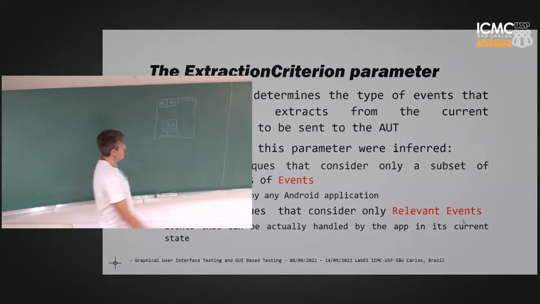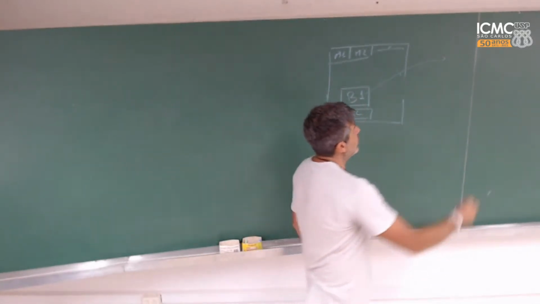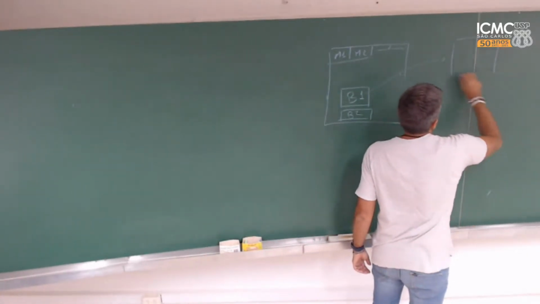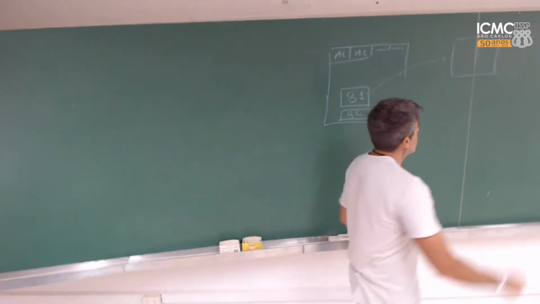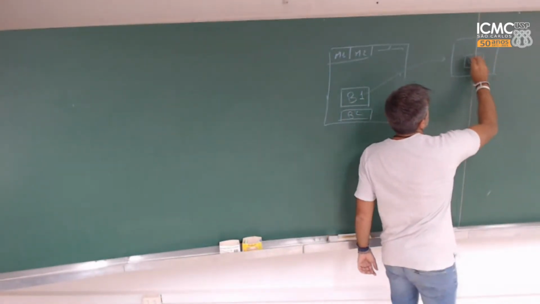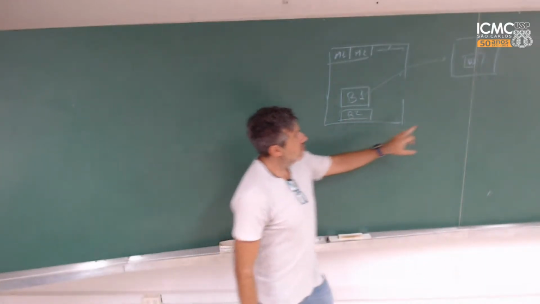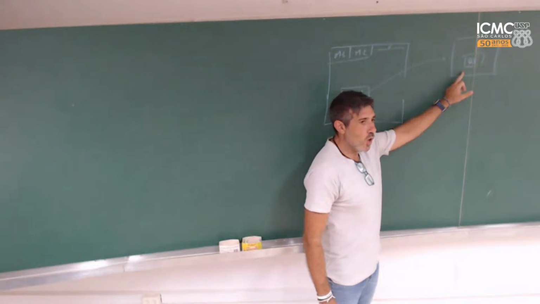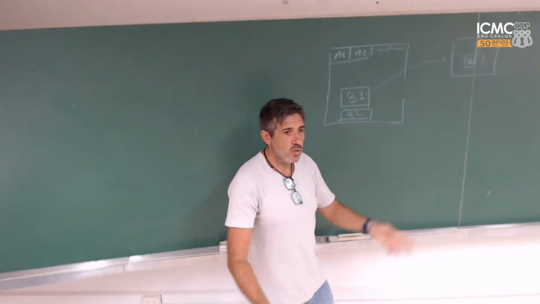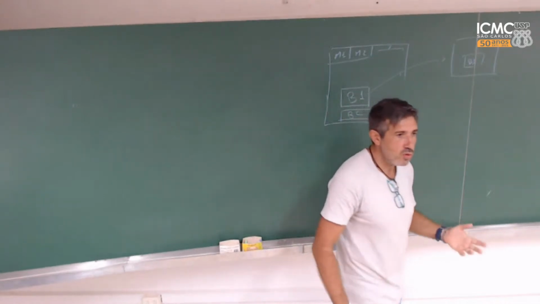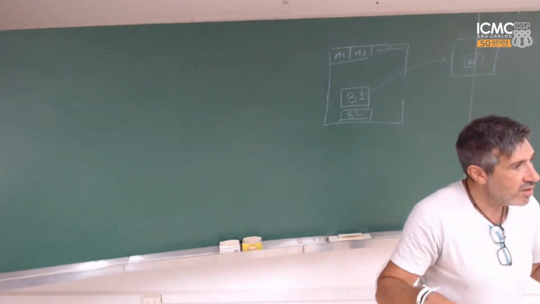Imagine that I click on B1, and I have a change of the state. Imagine this situation, and I have here button B3. Imagine that the rendering of the GUI and the execution of some code are performed in two threads.